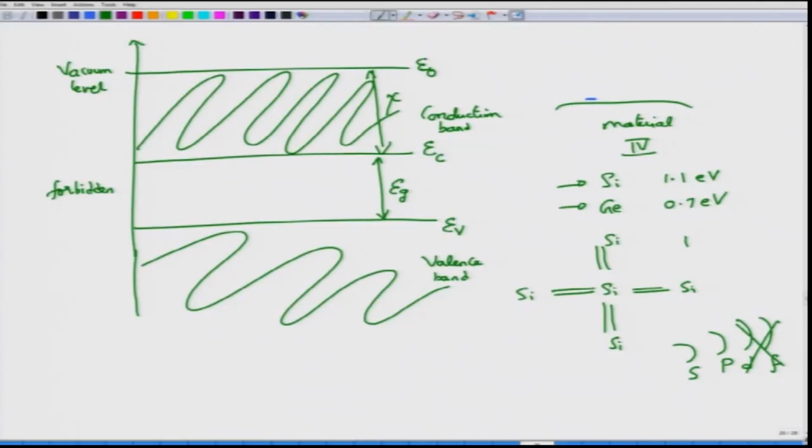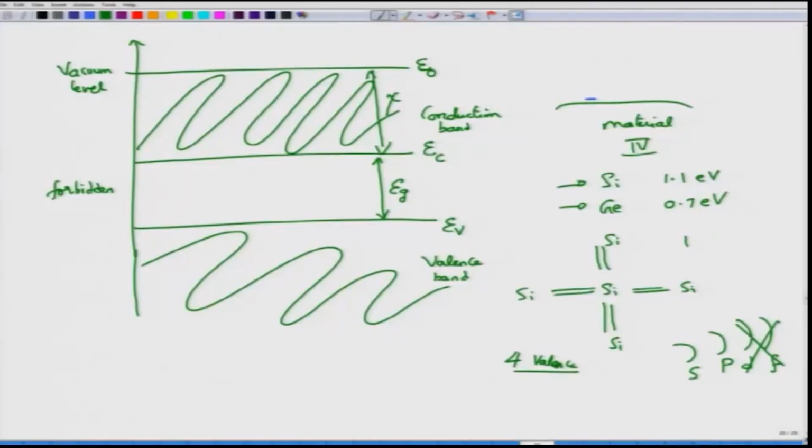The meaning of group 4 is that each silicon atom shares with 4 neighboring atoms, and it has 4 valence electrons, which means that each silicon atom in the material can potentially contribute 4 electrons to the conduction band, provided there is sufficient energy to raise these electrons from the valence to the conduction band. So, that is the meaning of group 4 elements.